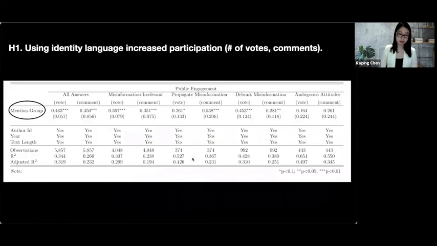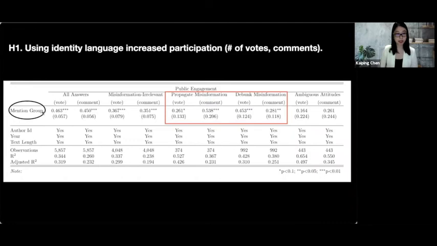So what is the consequence of using identity language on the scale of user participation? In this table, our dependent variable is public engagement. You can see we have two columns: the number of votes a post received, and the number of comments a post received.